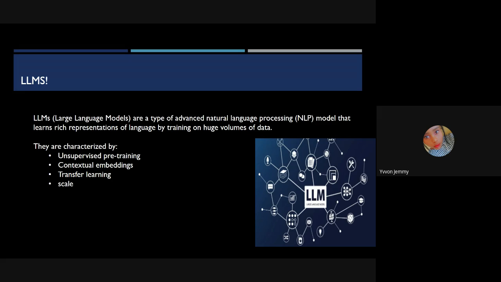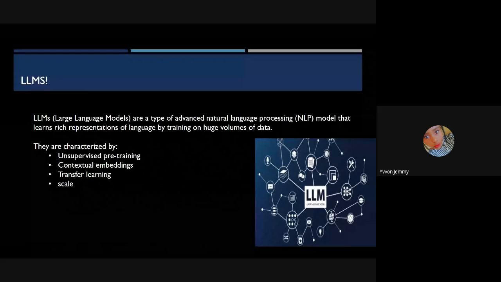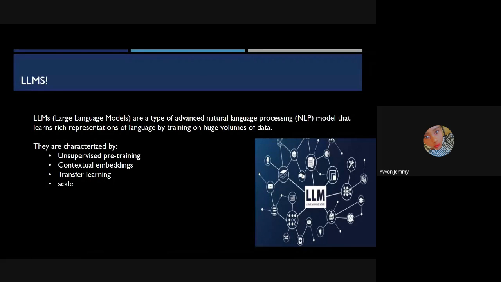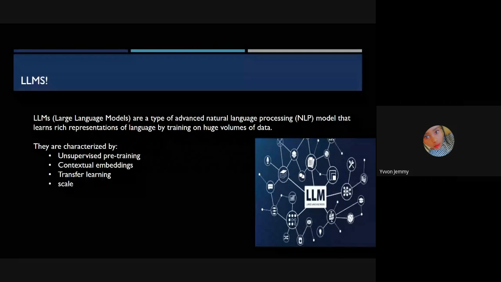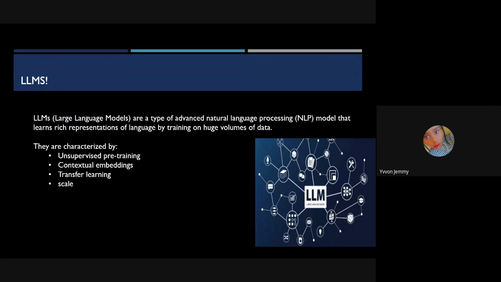Or, for example, "I ate dessert," and "I visited the desert." Even though it is nearly the same word, it means different things. So LLMs have contextual embeddings, which help them understand words like desert the way they have been used in those two sentences.